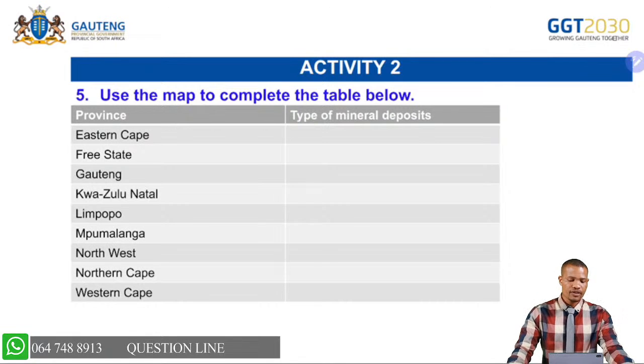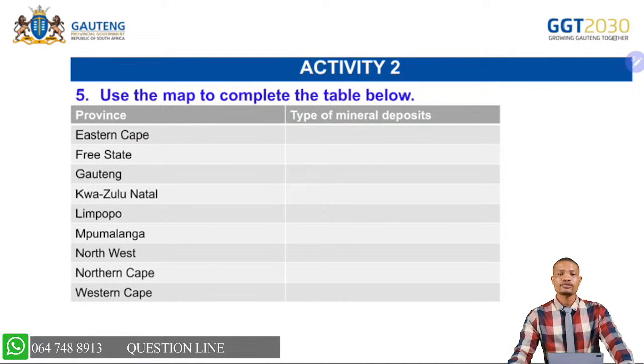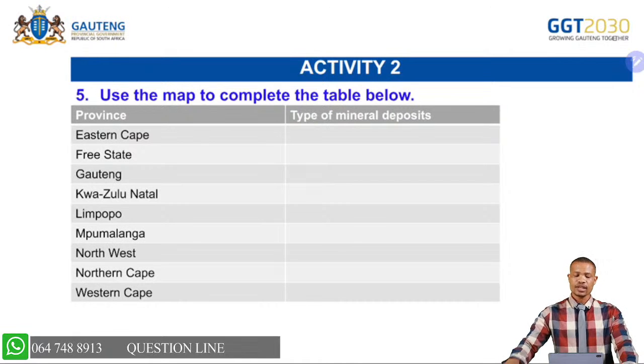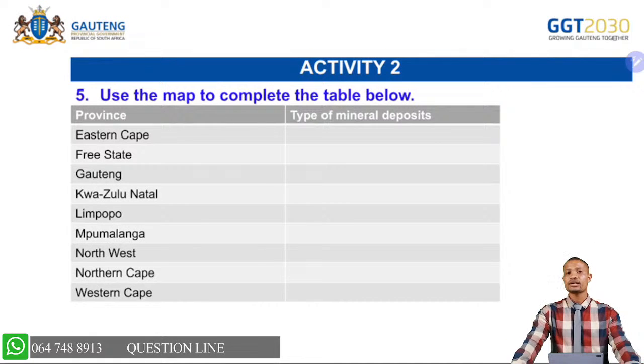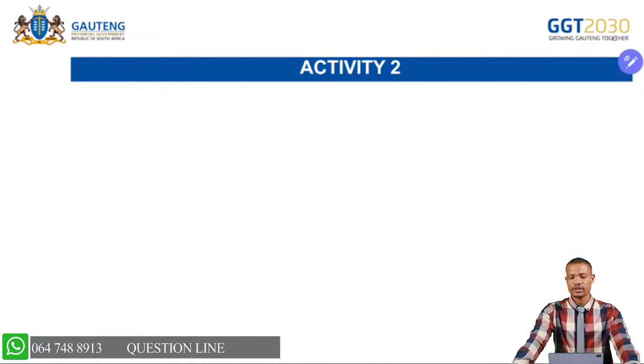The provinces are Eastern Cape, Free State, Gauteng, KwaZulu-Natal, Limpopo, Mpumalanga, Northwest, Northern Cape, and of course the Western Cape. You need to give the type of mineral deposits as you can see from your map. I hope you were able to copy this table because you just need to have the province, all the 9 provinces, and then the type of mineral deposits that are found in each.